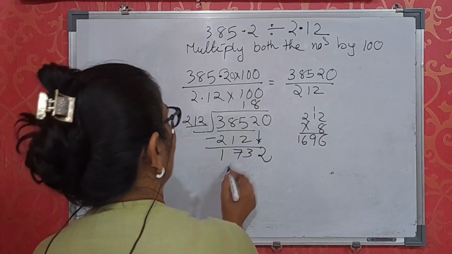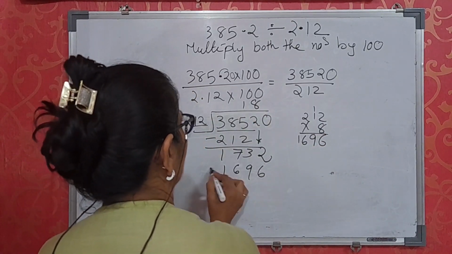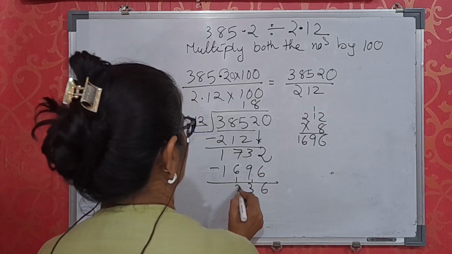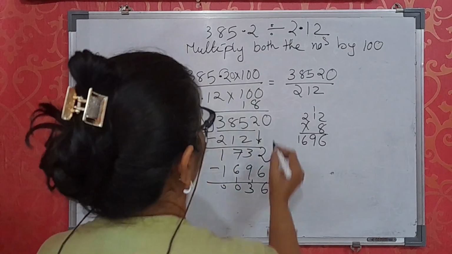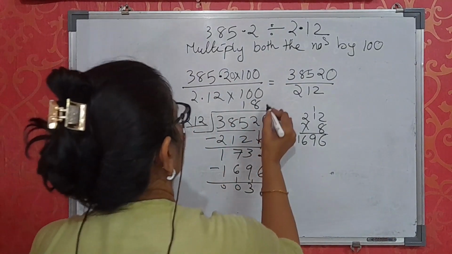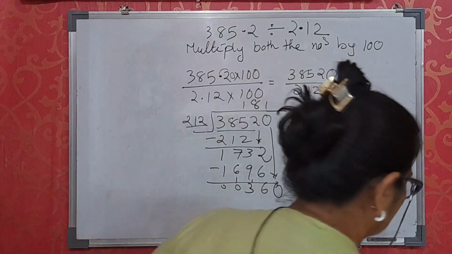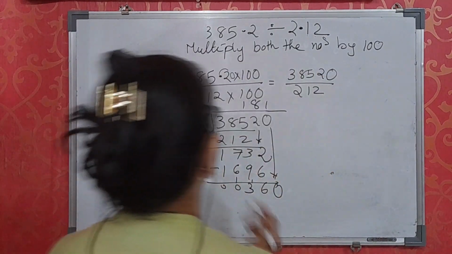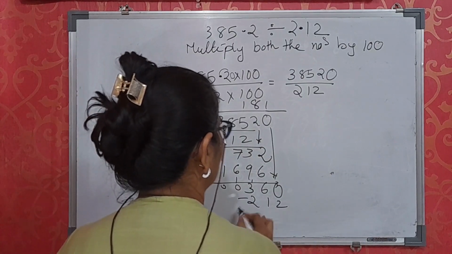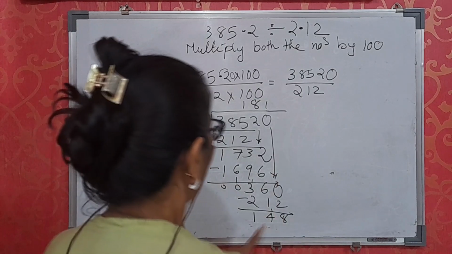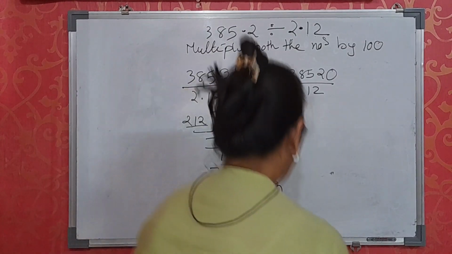So it is 1696. Again take a new number down. Now I don't want a remainder here.